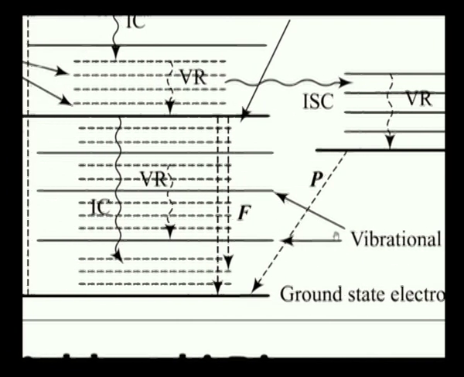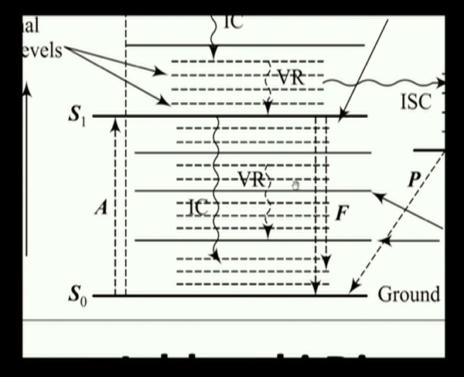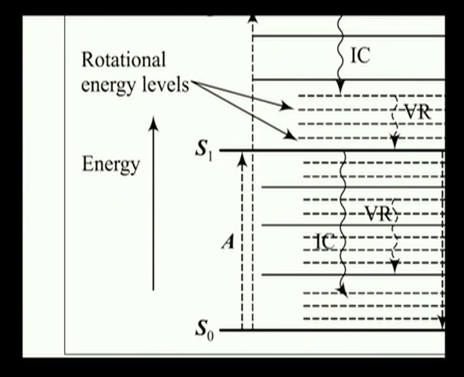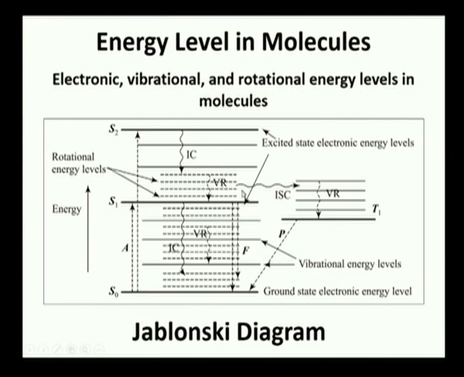Now, again you can see the dotted lines are given by the rotational energy levels. So, in this diagram you can see three kinds of energy levels: the electronic energy levels, the vibrational energy levels, and the dotted lines are the rotational energy levels.